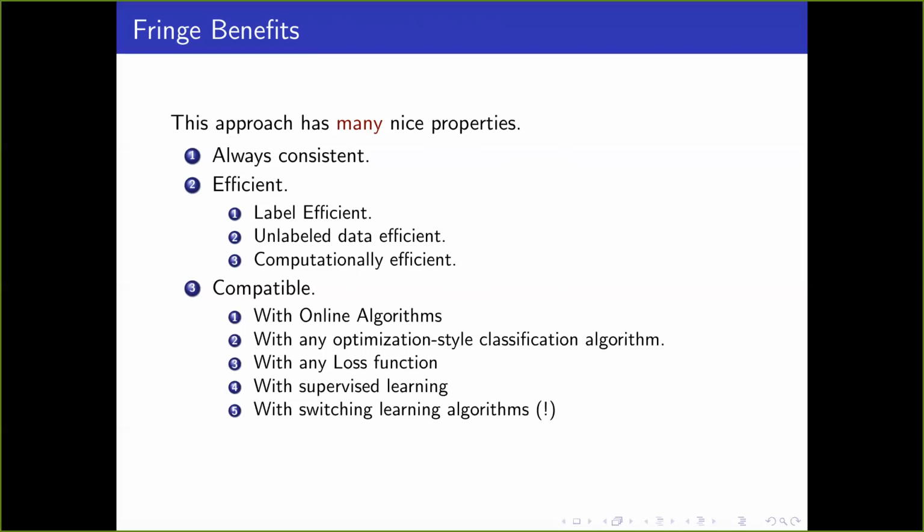Using these importance weighting approaches, you can do that. What will happen is that the amount of data that you have for that learning algorithm will effectively be smaller than it would be if you had been using that learning algorithm from the beginning to drive the active learning process. And so you could compensate for that and make a comparison between whatever learning algorithm was used to gather the data and whichever one you want to consider switching to.